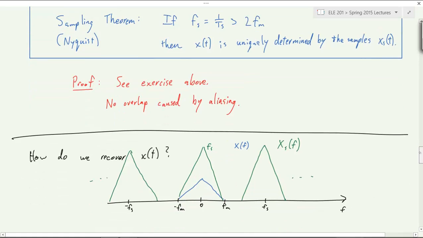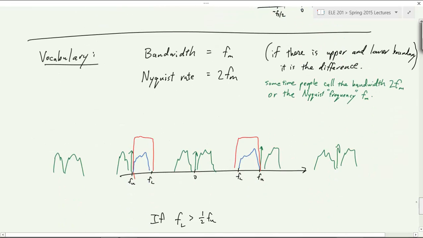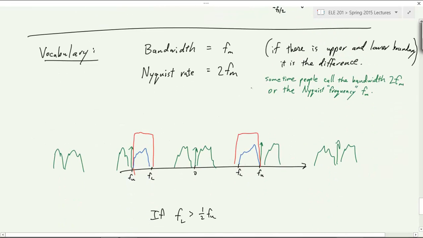So if we go to this other example, we said sometimes you might have an upper bound and a lower bound on the spectrum. This blue was the original spectrum. The Landau rate, again, would be twice the difference between these. But you can't just naively apply the sampling theorem there. You can't just say, I'm going to take this bandwidth, which is actually the Landau rate, this lower bound, sample there and then reconstruct.